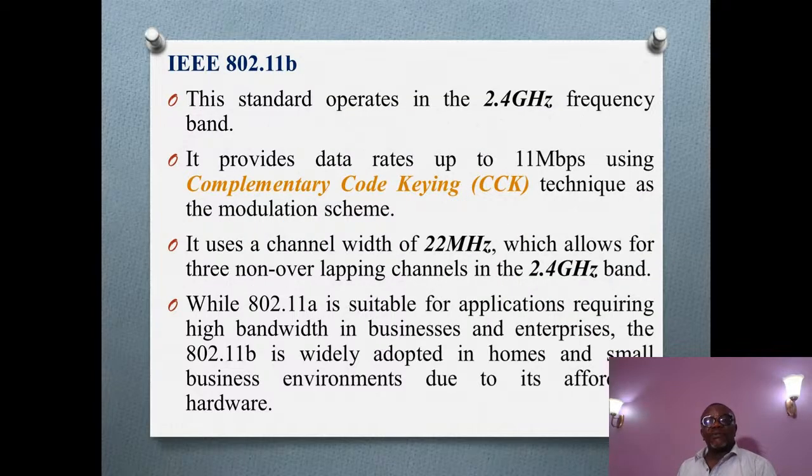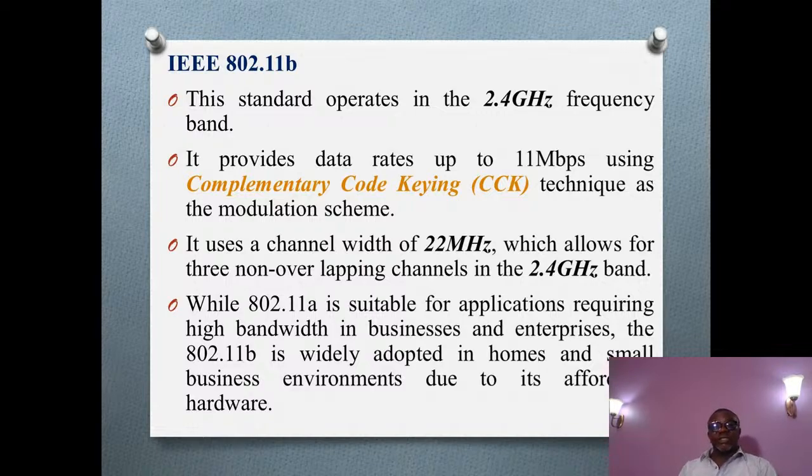So we have another one, which we call IEEE 802.11b. This standard operates in the 2.4 gigahertz frequency band. It provides data rates up to 11 Mbps using CCK, complementary code keying, as its modulation scheme.